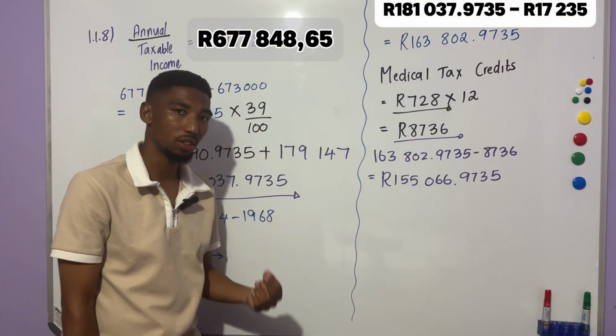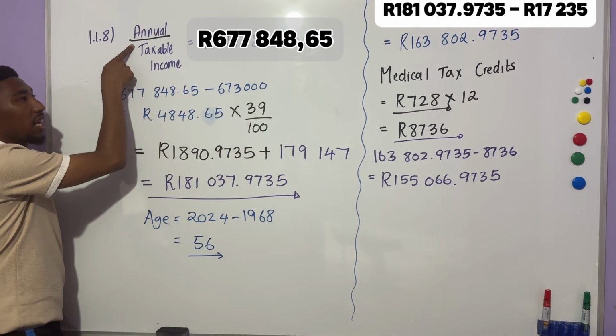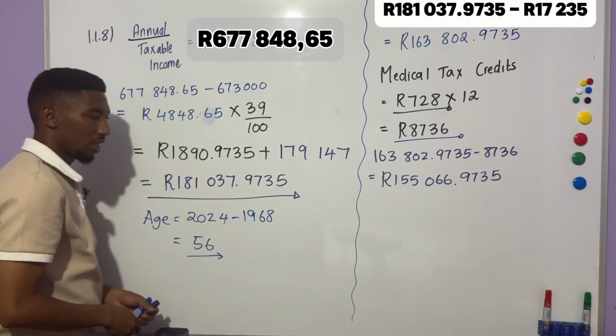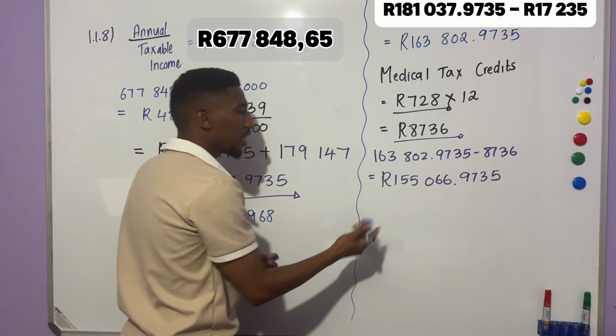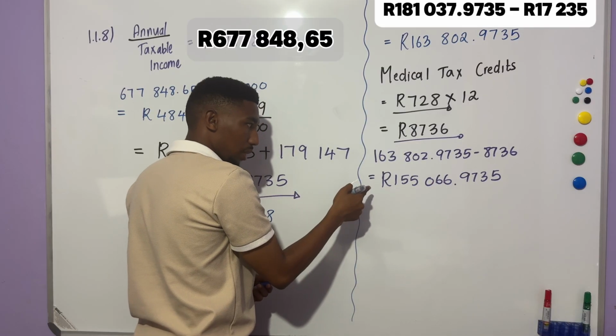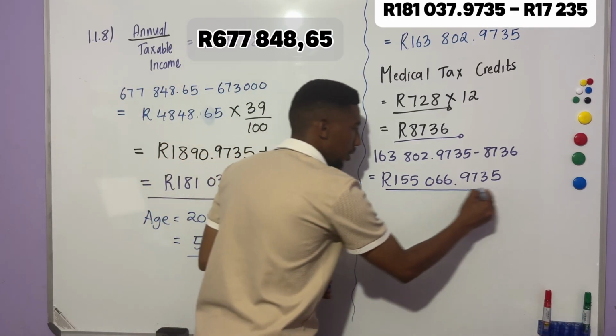Is it below or under 12,000 Rand? Remember, again, we've been working with annual numbers so far. So this is the annual tax payable. This here is the annual tax payable. Now we need to know the monthly tax payable. That's simple.